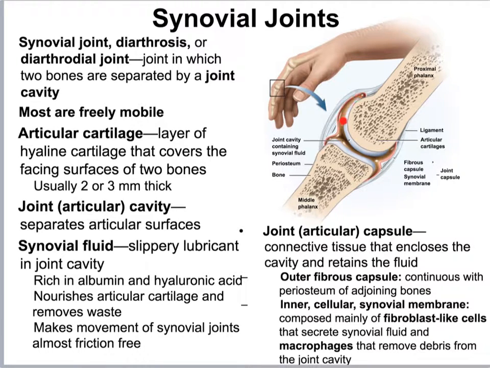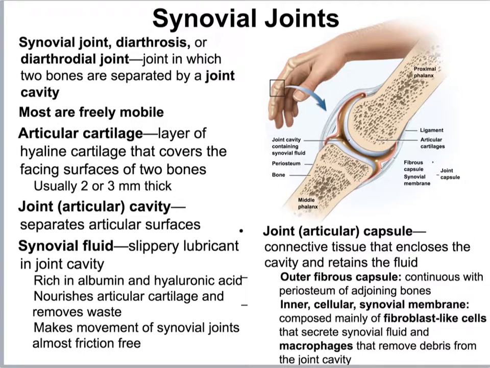And then on the inner layer, you have a membrane called the synovial membrane. This is a thin layer of cells that excretes a special fluid called synovial fluid. This fluid is slippery and viscous. It has about the consistency of egg whites.